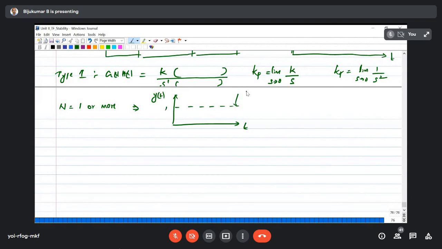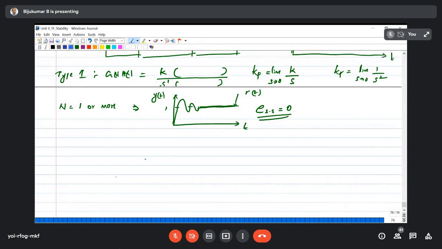It is 1, r(t), because in this case the steady state error is 0. That is, it will settle exactly at this point. Clear? Okay, then hope no doubts in this.